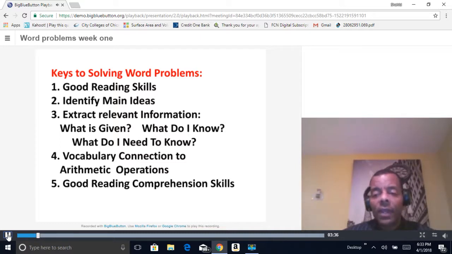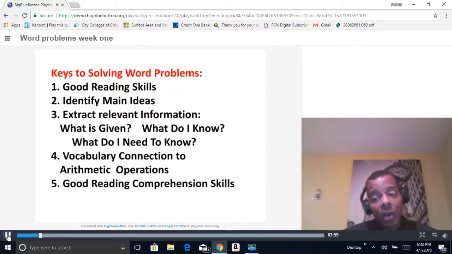The second thing that's good to have is, as you're reading, being able to identify main ideas. There are going to be some word problems where they give you extraneous information. Now, what does that big word mean? Extraneous information is information that's not necessarily relevant to solving the word problem. They just put it in there as fluff.